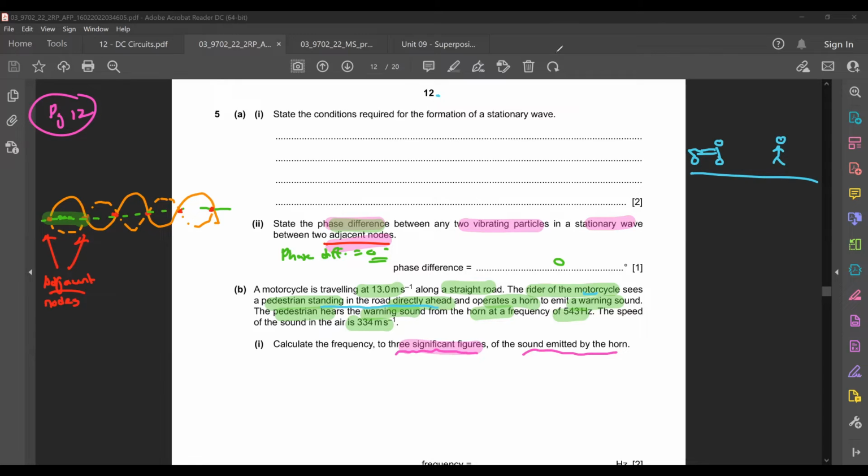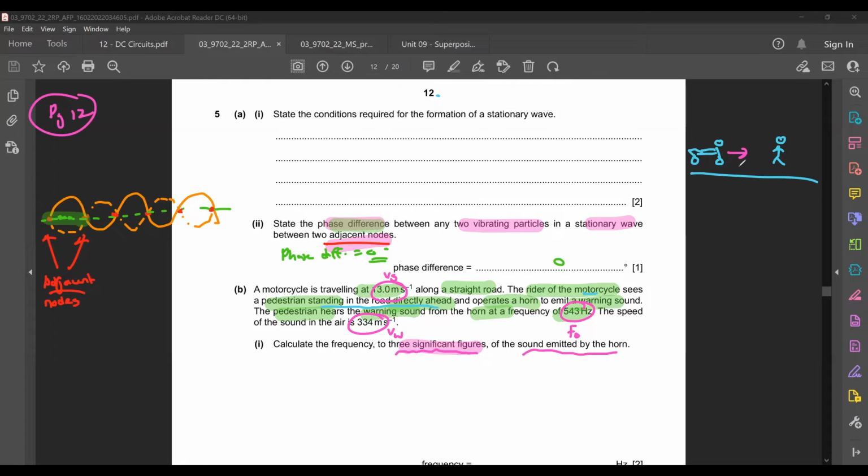Okay, so your motorcycle is moving towards the observer. The pedestrian hears the warning sound from the horn at the frequency of 543 Hz. This one is your observed frequency. The speed of sound in the air is 334 meters per second. This is the speed of your wave. Okay, then the motorcycle is traveling at 13 meters per second. This one is the speed of your source.